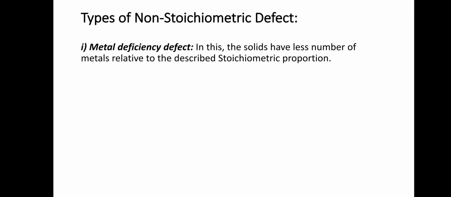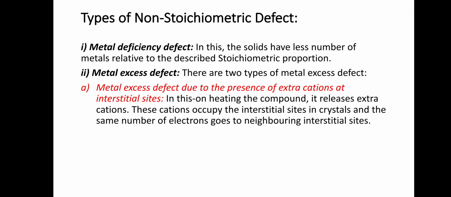Now let us see which are these two types of non-stoichiometric defects. First, metal deficiency defect. In this, the solid has a smaller number of metals relative to the stoichiometric proportion. Second, we have metal excess defect. There are two types of metal excess defect. Metal excess defect due to the presence of an extra cation at an interstitial site: in this, on heating, the compound releases an extra cation.